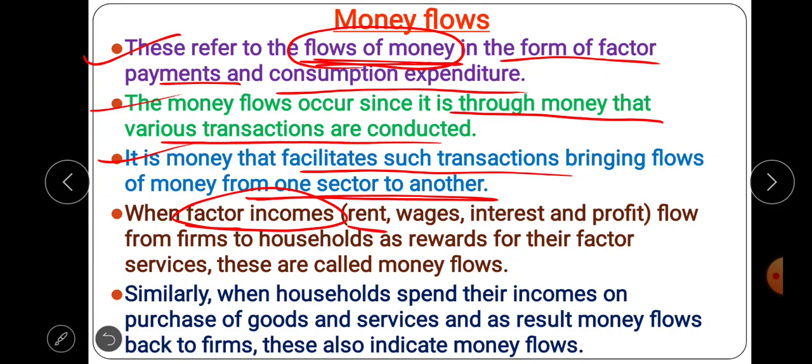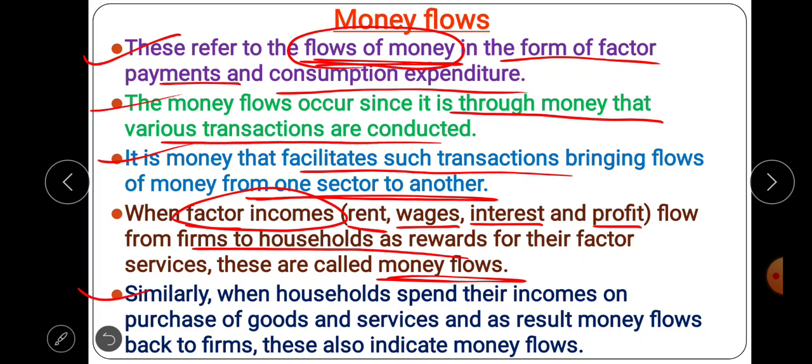Then for the laborers, wages are given. Then for capital, interest is paid, and for the enterprises, profits are earned. So these flow from firms to the household as rewards for their factor services. So these are called money flows.